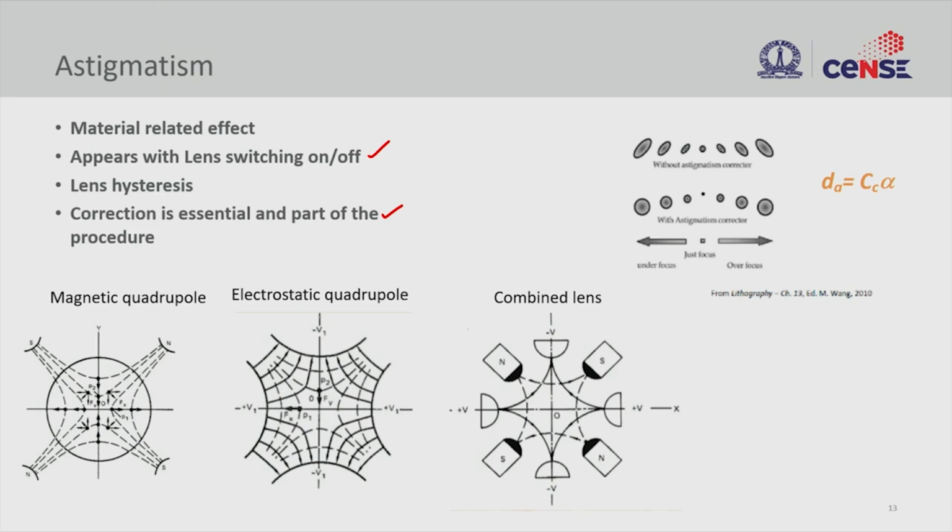So on the right top, what you see is the effect of astigmatism. Without astigmatism correction, you have best focus, but the spot size itself is pretty large, unlike the one with correction. But then when you do defocus, so you do over focus, you do under focus, instead of the beam becoming larger and blurred, you will have some sort of orientation here.